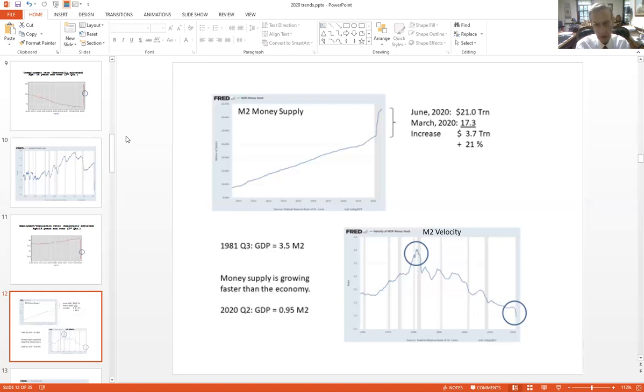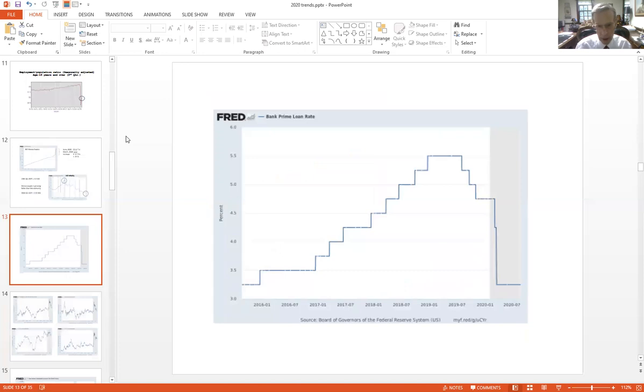And the price of money in this case is interest rates, and for that matter, exchange rates, when we compare what's going on in this country to other countries. So we'll see those effects pretty soon.